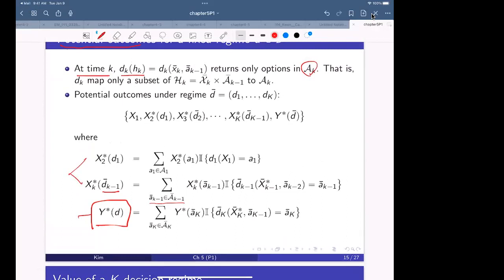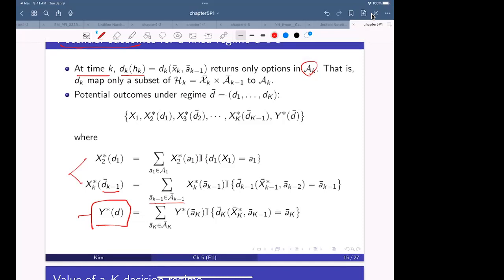Well, actually, the sequential ignorability assumption, we'll talk about that. But basically, it doesn't really matter how you obtain A, as long as you have the A. That is a tricky point.